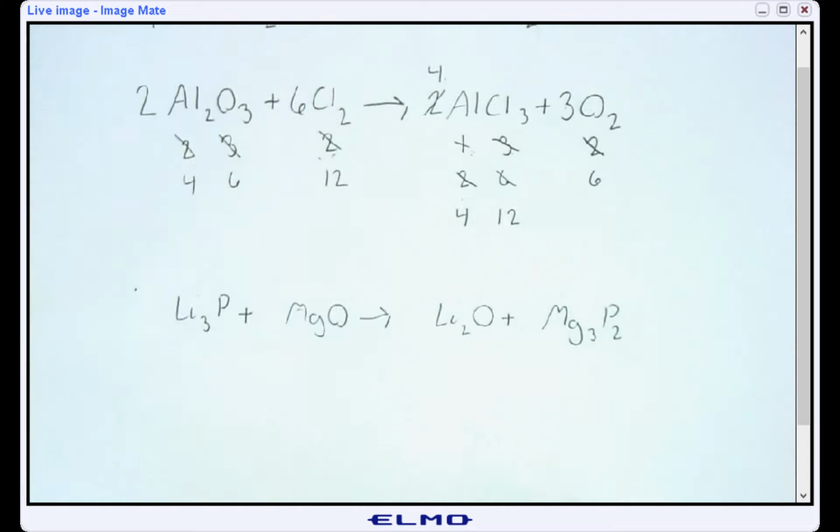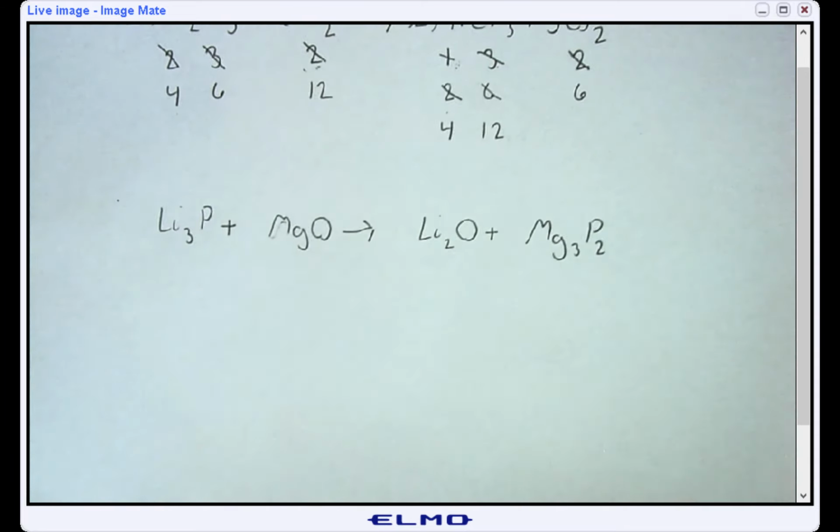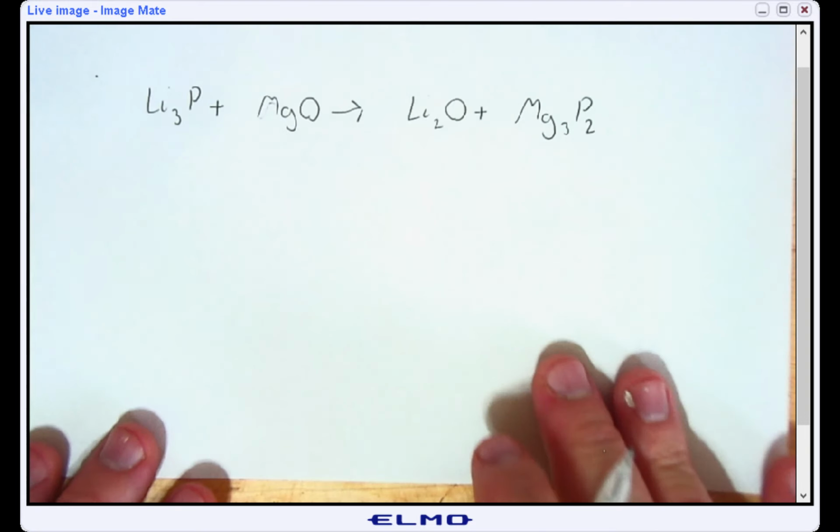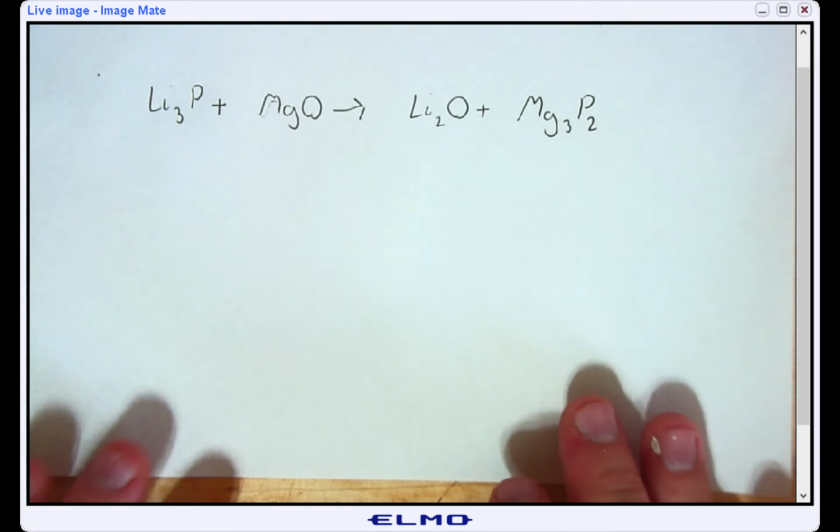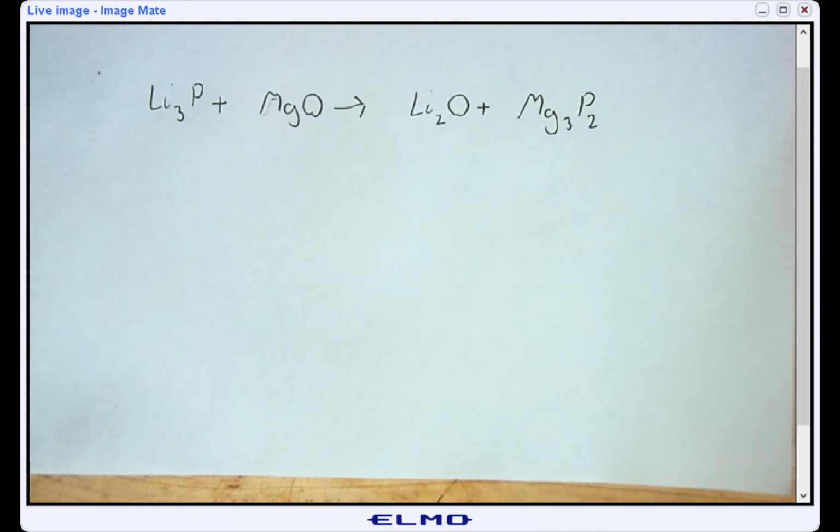Again, if you are not understanding how I am naming these, then you might need to go back again to a previous lecture or talk to your teacher. All right, go ahead, pause the video, try the problem, and come back to me when you think you're finished.